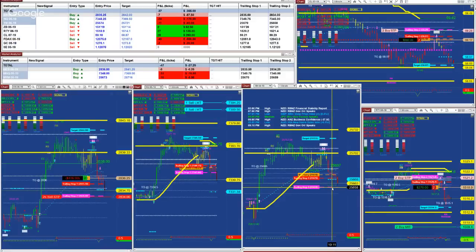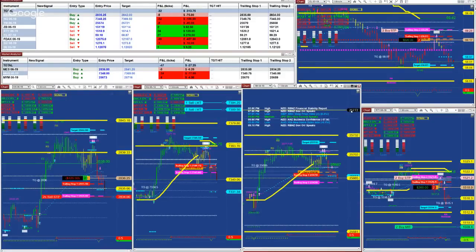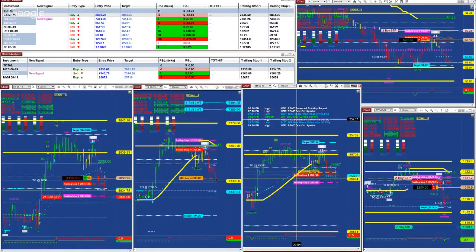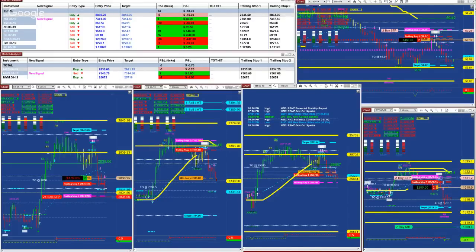So we are also going with a new signal on the YM, and a new signal on the NASDAQ. So we are about to have 3 signals, and there we go. We have a new signal on the NASDAQ. Sell at 41. Target 1450.